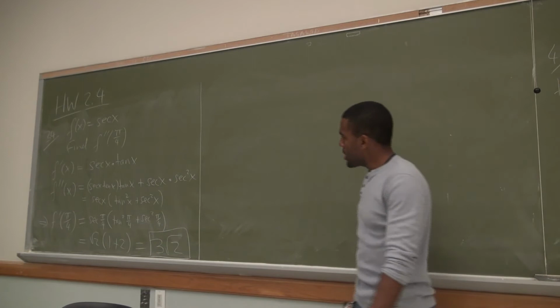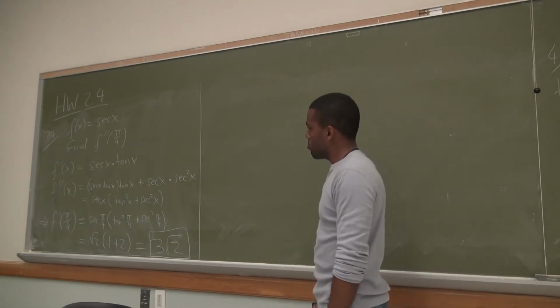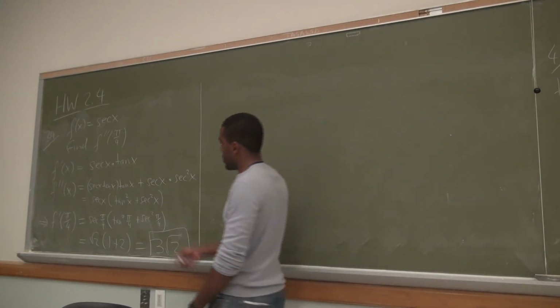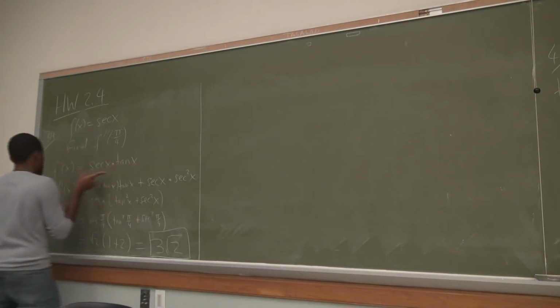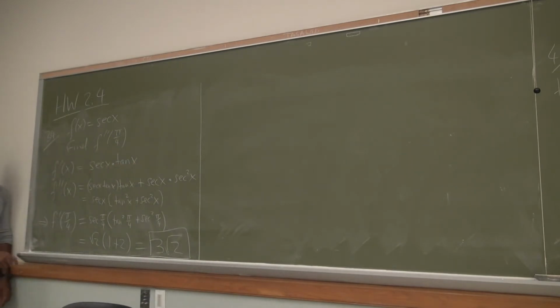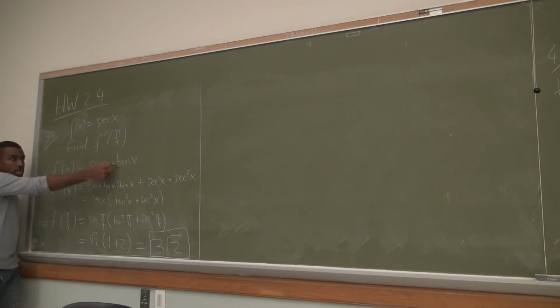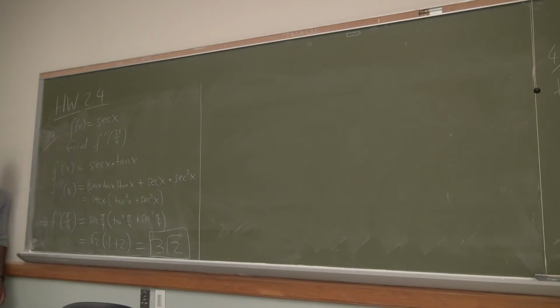Can anyone tell me why it's not defined at pi over 2? Why is this not defined at pi over 2? Cosine of pi over 2 is 0. Tangent is sine over cosine, and when you plug in pi over 2, you get 0 in the denominator. What does that tell you about the graph of secant?